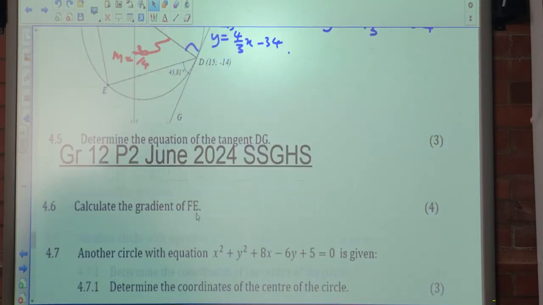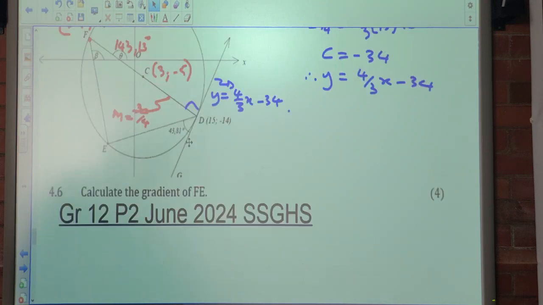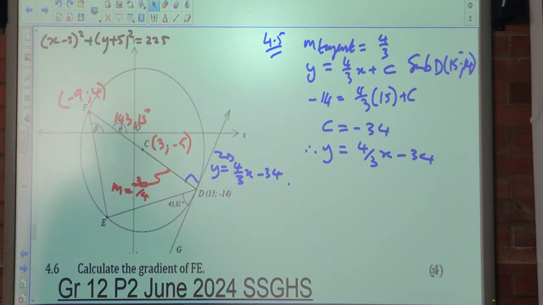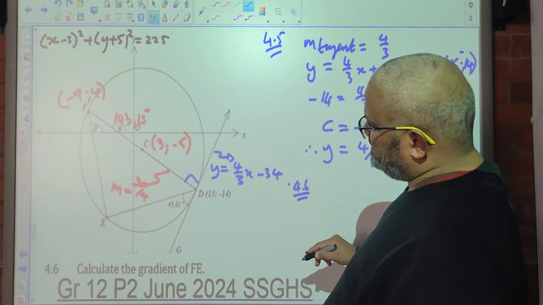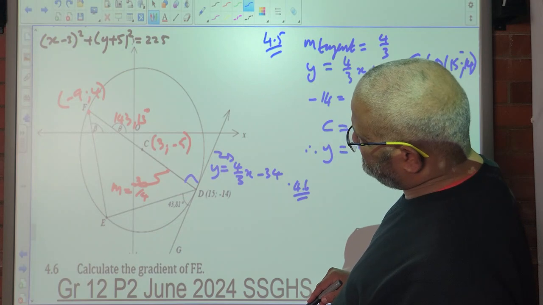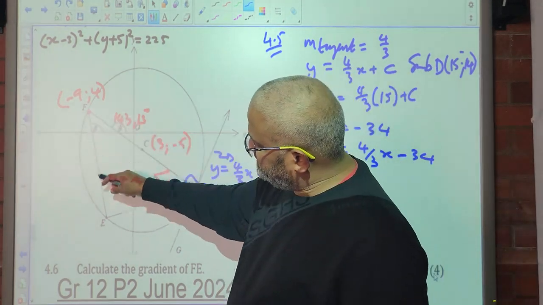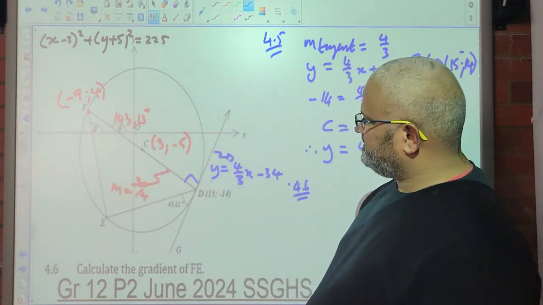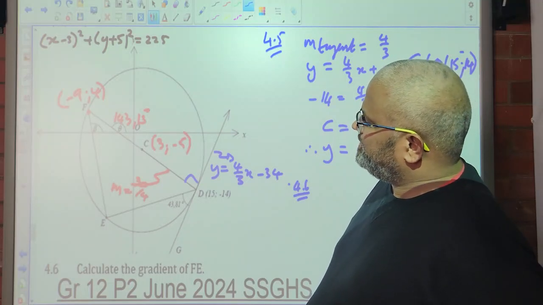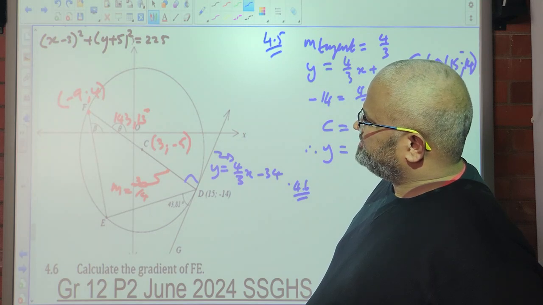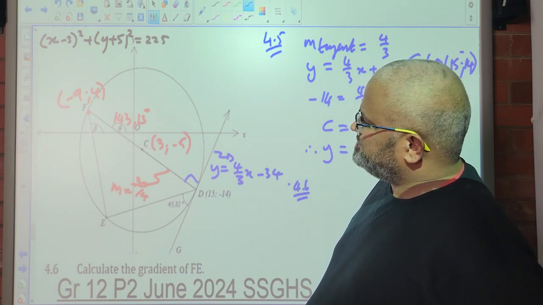The next question says calculate the gradient of FE. Calculate the gradient of FE. So where's FE? This line here. But what do I need for that? Gradient of FE.